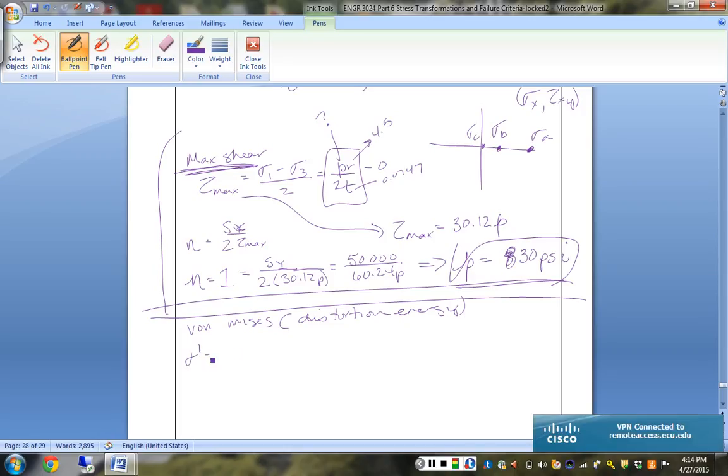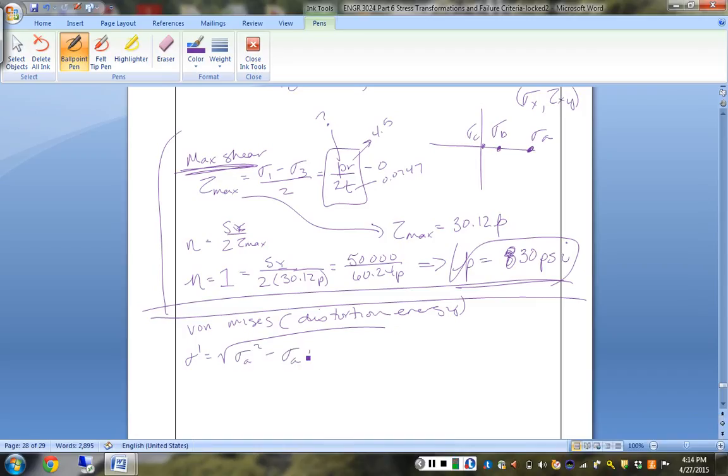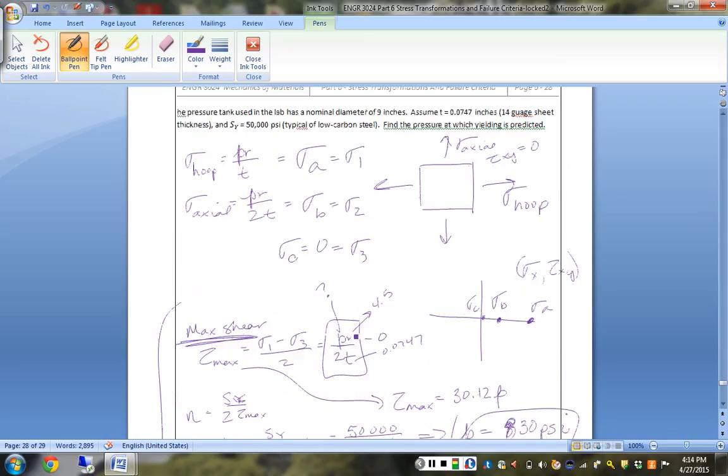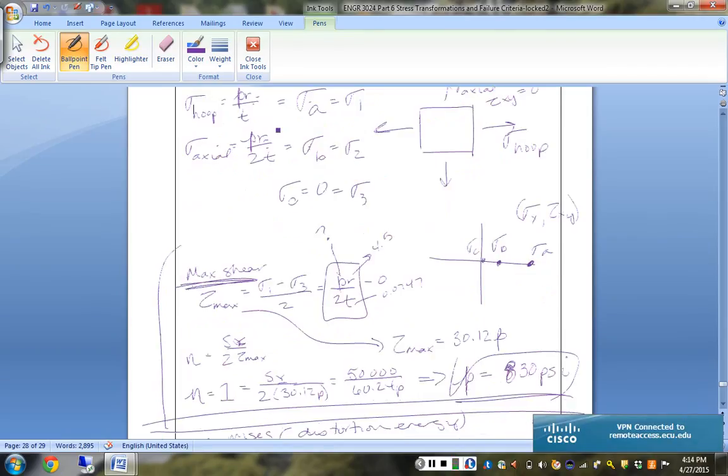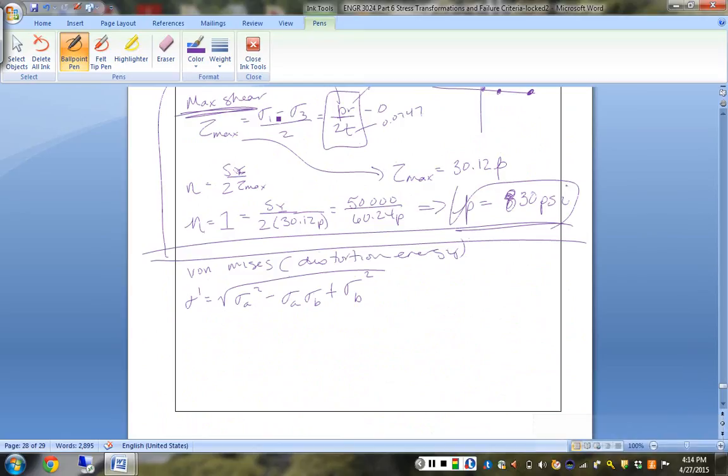And sigma prime is, in fact, the A principal stress squared minus a cross product of the principal stresses plus sigma B squared. But now hang on, we already figured out that these hoop and axial stresses are our sigma A and sigma B, right? So we can just substitute these in for sigma A and sigma B.